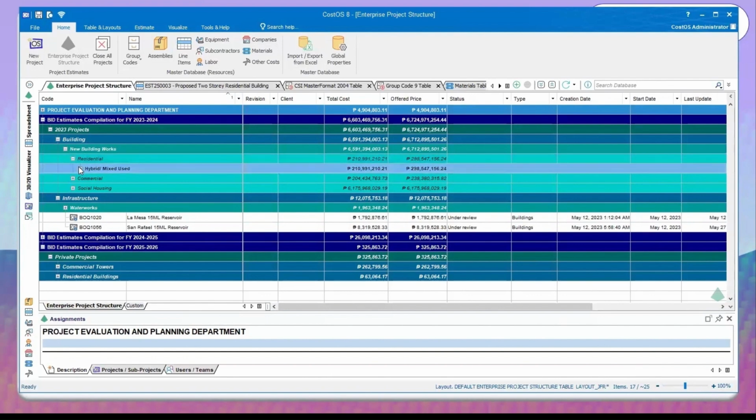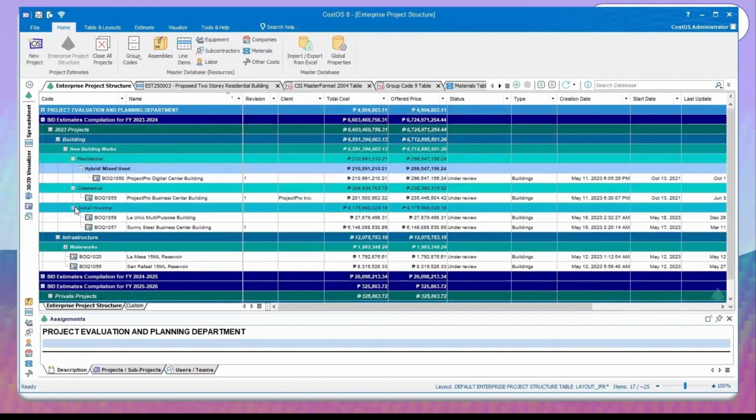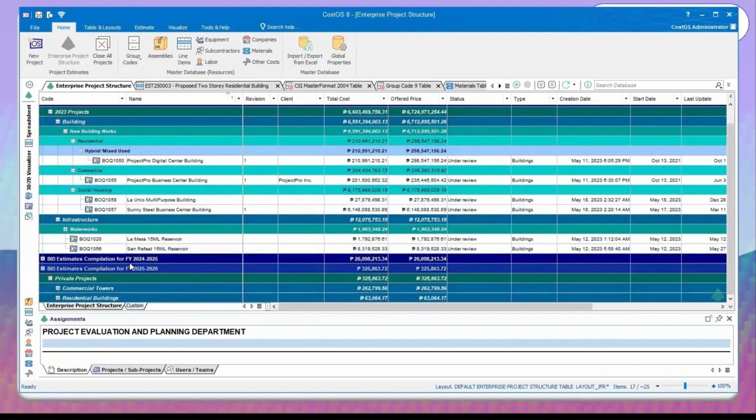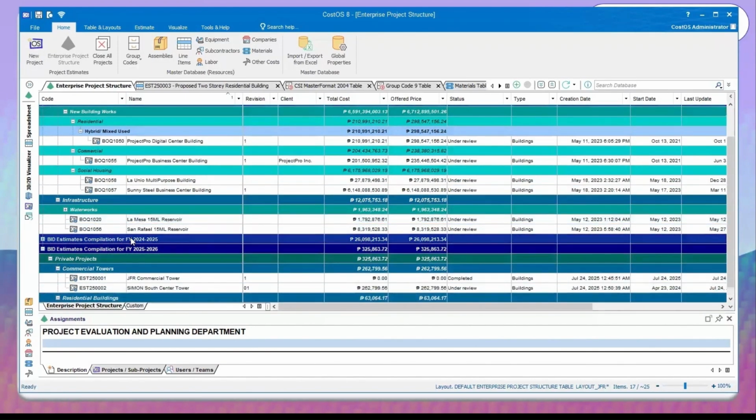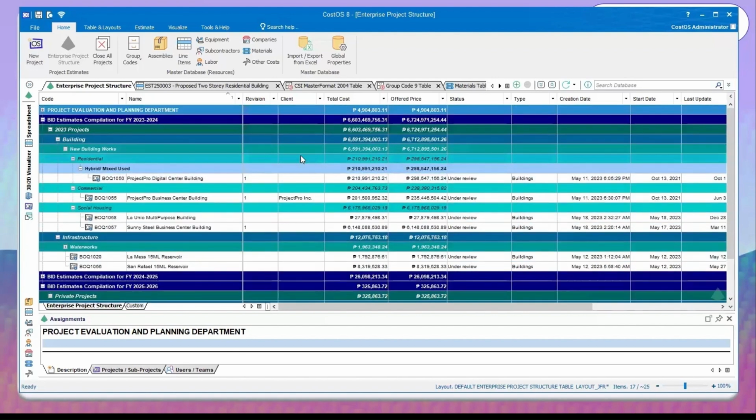So I can even actually group different projects based on their type, whether it's a commercial tower or a residential building. And right away, I can see the total cost, no, that it incurred during my estimate and even the offered price, no?